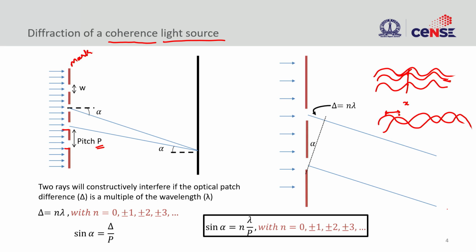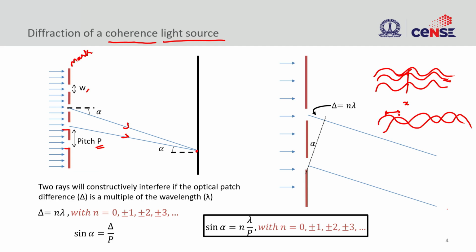We can either call it pitch or periodicity or duty cycle, whatever suits you, but in this case we call it pitch, and the opening is W. And when the light is falling onto this mask, it is going to diffract at a certain angle alpha, and the light from these two different slits are going to meet each other at a certain point, and of course at a certain angle here, whatever the diffracted angle is.